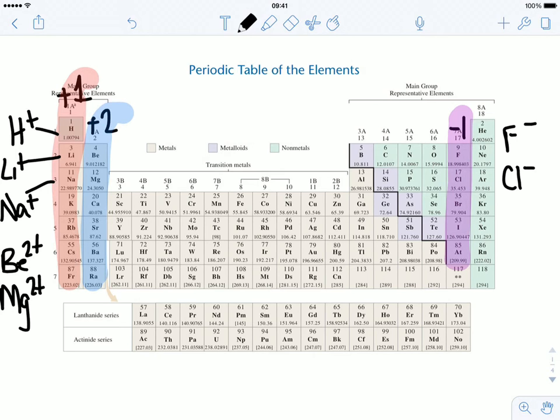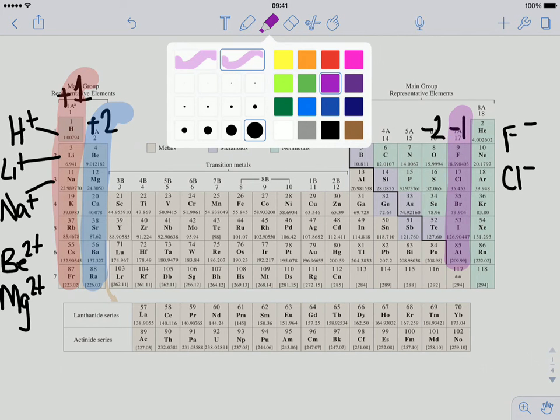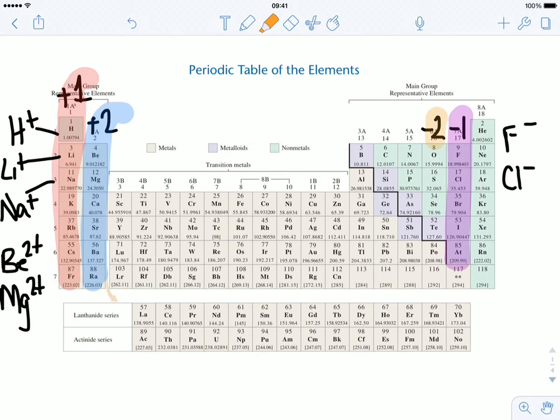Now if we go one column over, these elements form -2 ions. So all of these guys form -2 ions. So what that means is if we have oxygen, the ion oxygen forms is O2 minus. If we have sulfur, the ion sulfur forms is S2 minus.